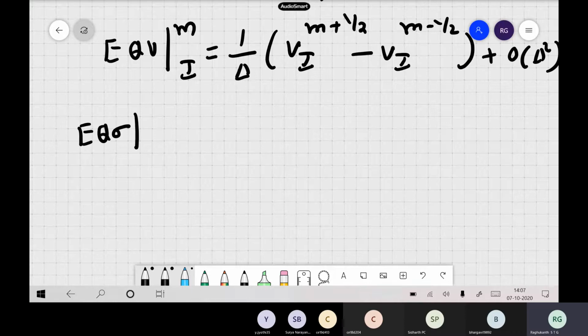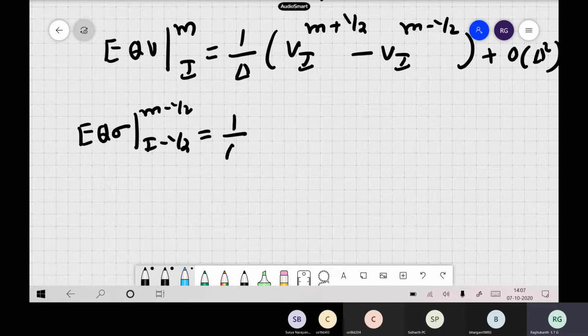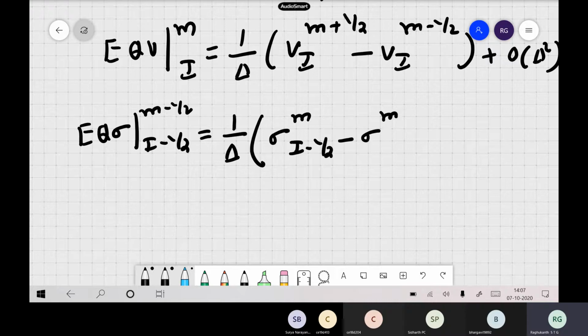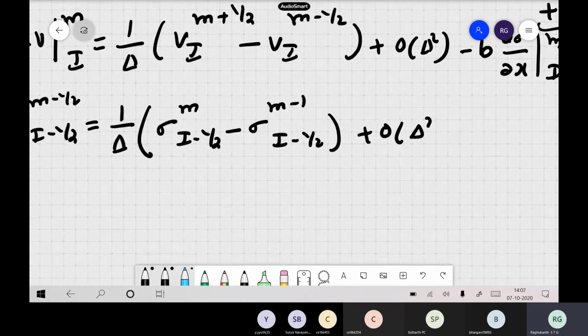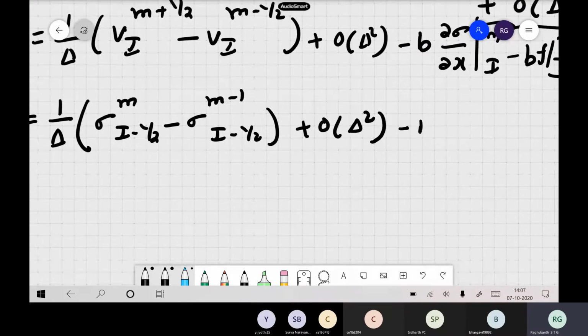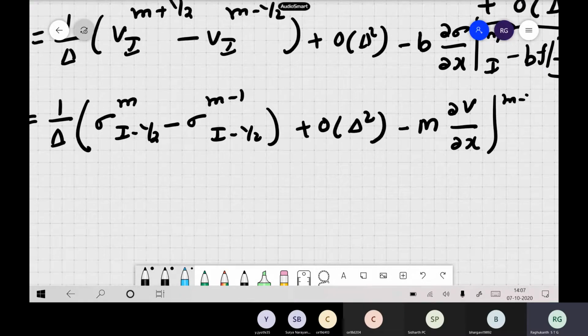If you write this expression also, m minus half, then i minus half, so 1 by Δt, sigma at m, i minus half, minus sigma at m minus 1, i minus half, plus the order is Δt squared. So minus, we have m times ∂v/∂x at m minus half, then i minus half. So these are our basic equations.